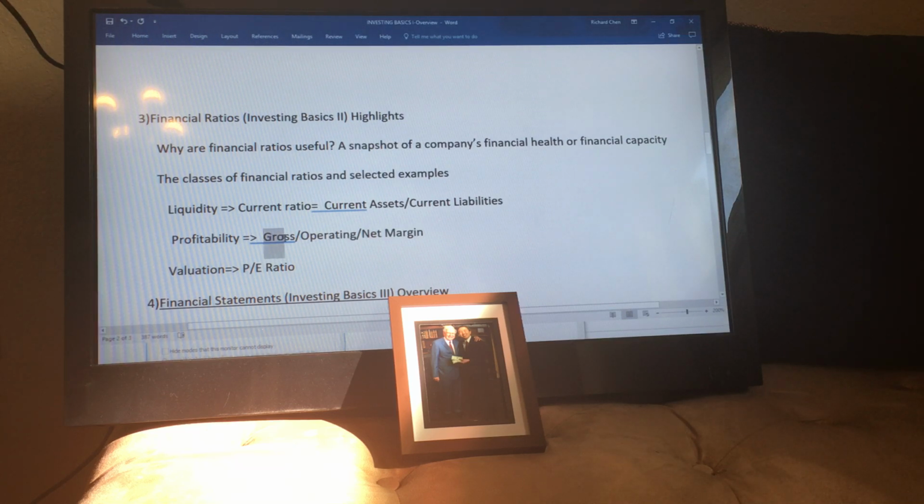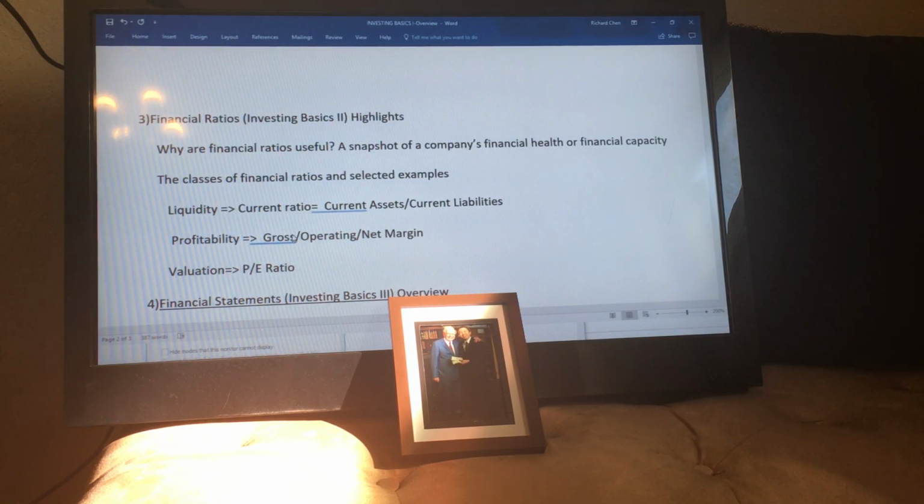You have to distinguish between gross, operating, and net margin. Each of them tells you a different story. Gross margin is basically the difference between what the product or service sells for and the cost of the product or service, meaning how much the company paid for it.